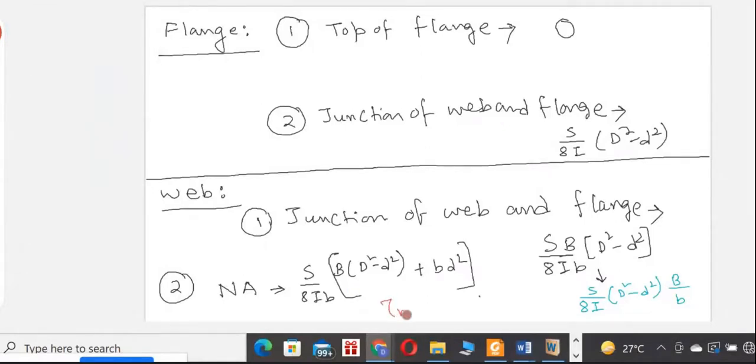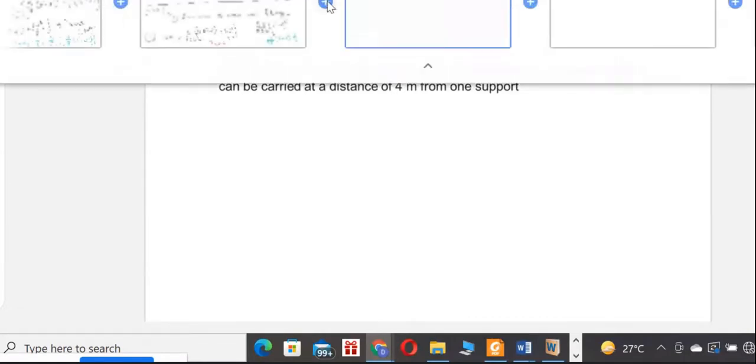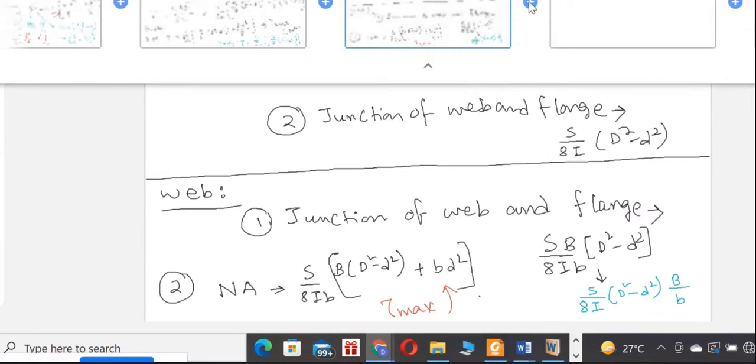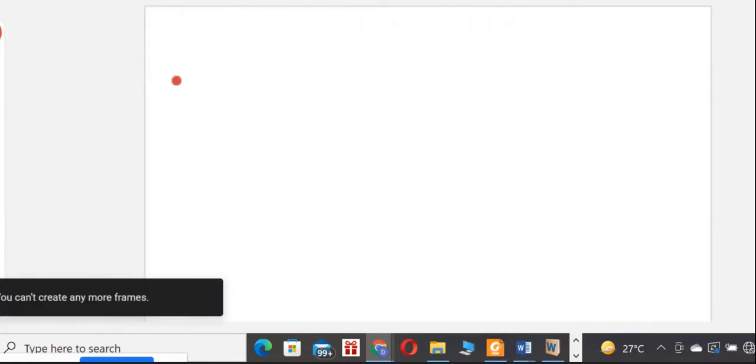So this is basically tau max and this is basically tau min, right? Now if we want to draw the shear stress distribution, how will it be? Okay, one minute. Now we want to draw the shear stress distribution. Before that, let me redraw.